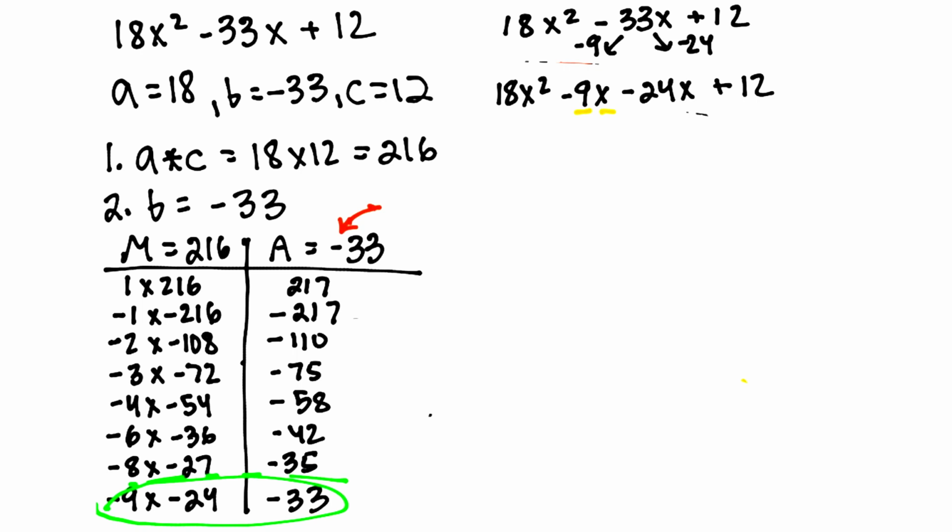So in our first two terms, we can pull out a 9 and x. So we'll get 9x times 2x minus 1. And then we can pull out a 12.